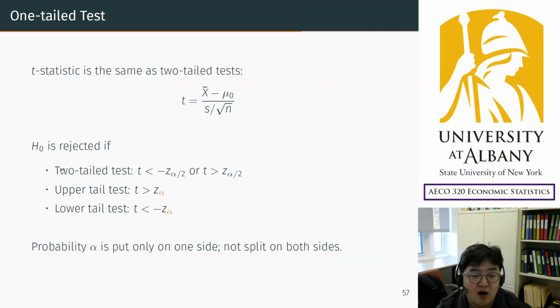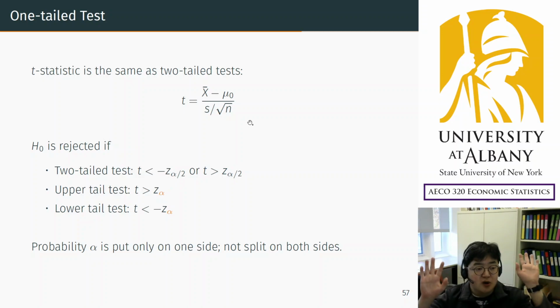Now, in the two-tailed test in the previous chapter, the null hypothesis is rejected if the t-statistic is too small or too large, right? But now in one tail, it happens only in one direction. However, the threshold should change.